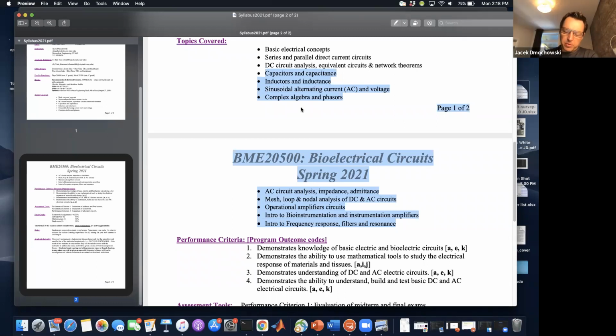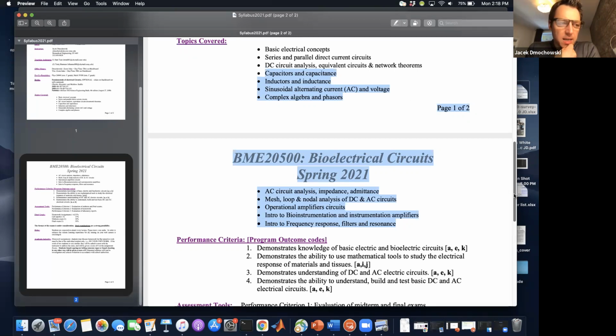We do get into some amplifiers. Op-amps stands for operational amplifiers, which are very applicable to bioelectricity. So the body generates electricity in certain organs, such as the heart and the brain. Those are heavily used in medicine for diagnostics.